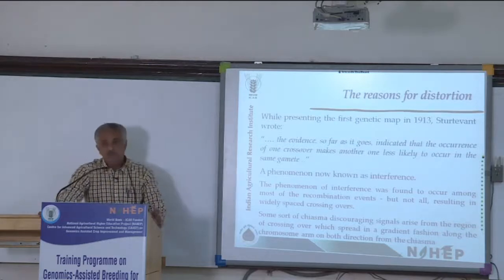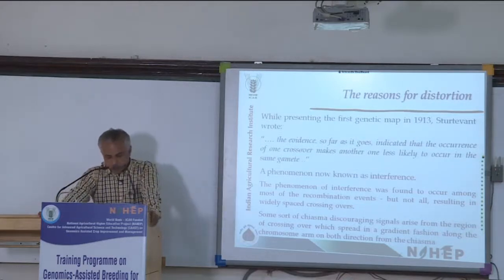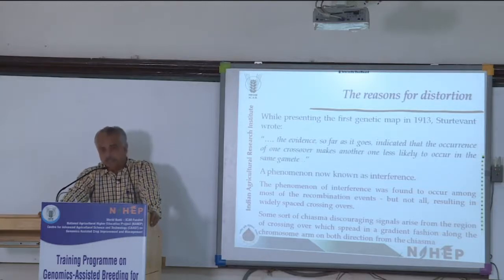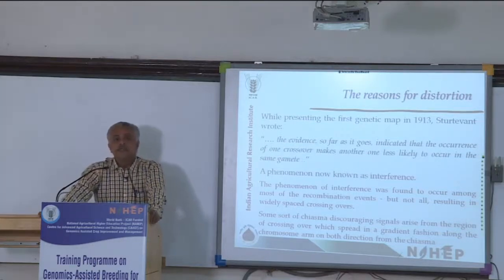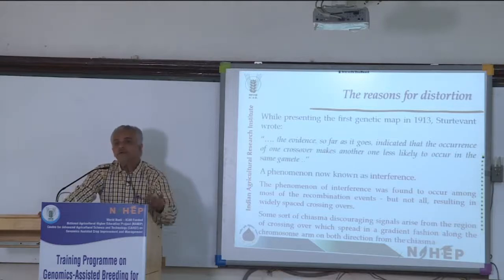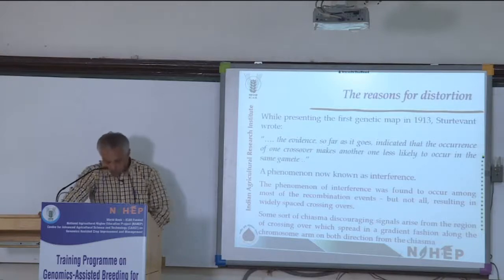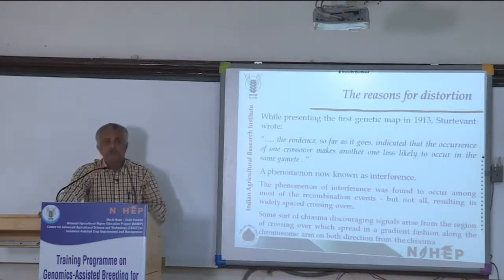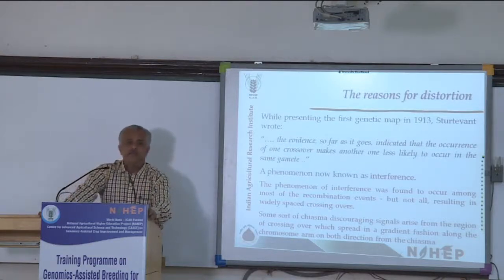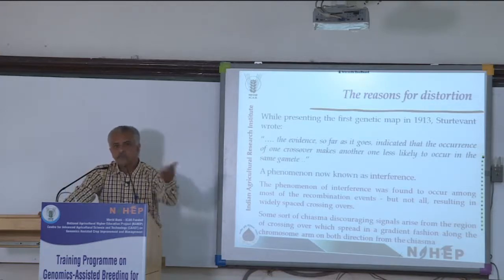But he wrote in the paper that the evidence so far as it goes indicated that the occurrence of one crossover makes another one less likely to occur in the same gamete, which is exactly what we later described as interference. Why does this interference occur? There are several reasons for that, genetical reasons, chiasma suppression and so on.